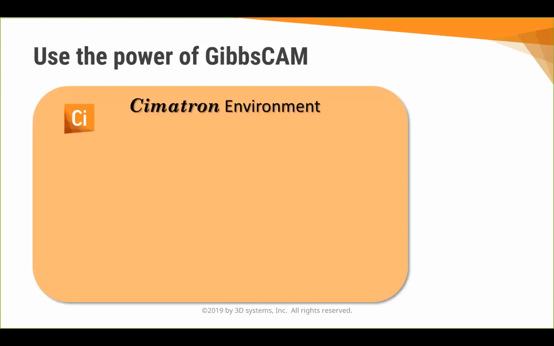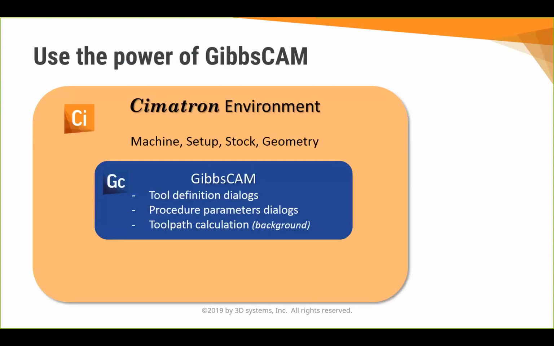We use the Cimatron environment for the machine definition, the setup, the stock, and the geometry. We use two dialogues from GibbsCAM for the tool definition and for the procedure parameters. And the engine is also used in the background for the toolpath calculation.